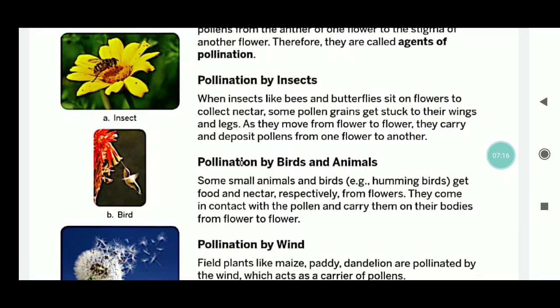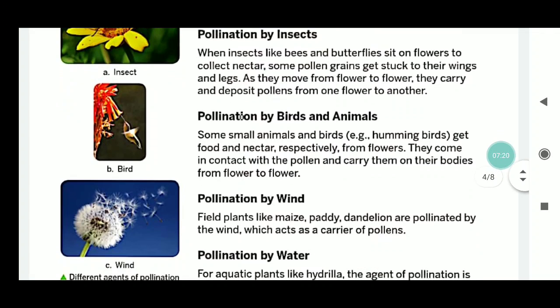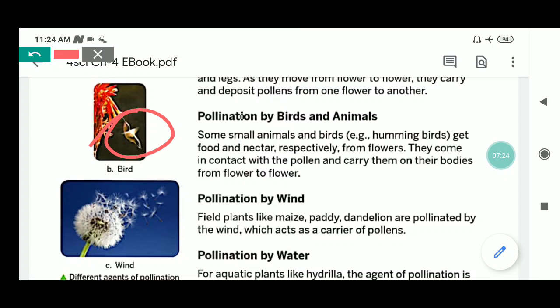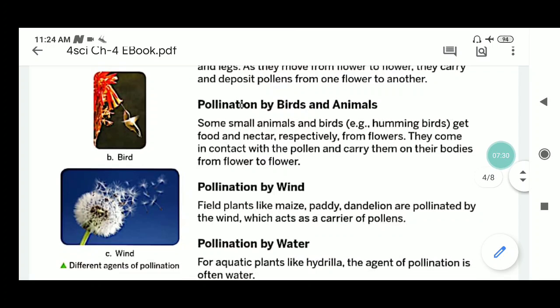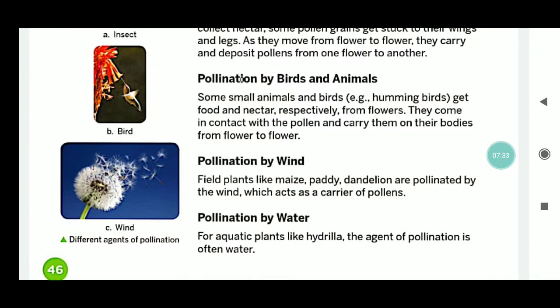Now, pollination by birds and animals. Some small animals and birds, for example the hummingbird, see here, get food and nectar respectively from flowers. They come in contact with the pollen and carry it on their bodies from flower to flower.